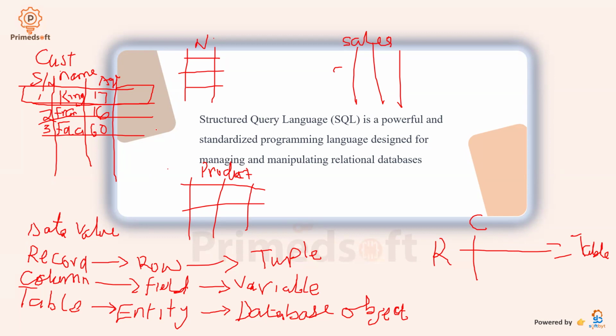So the combination of related tables in a database forms a relational database.